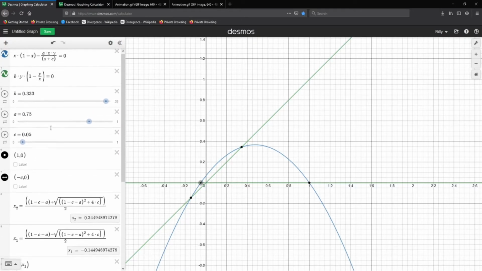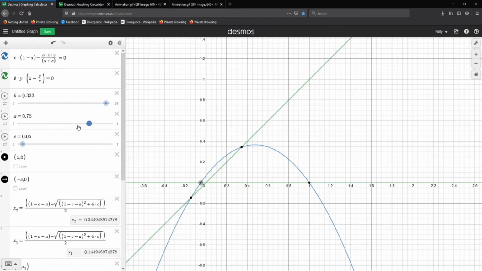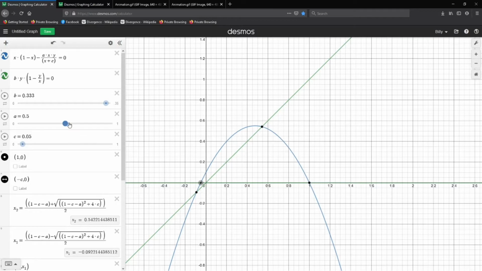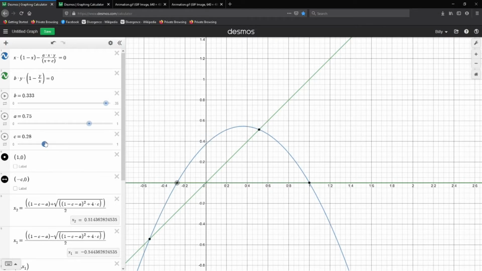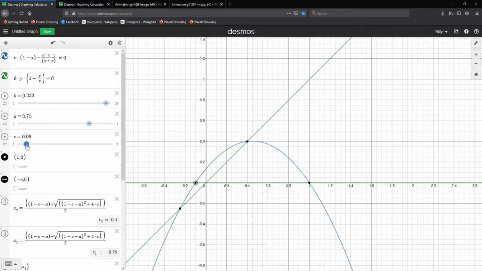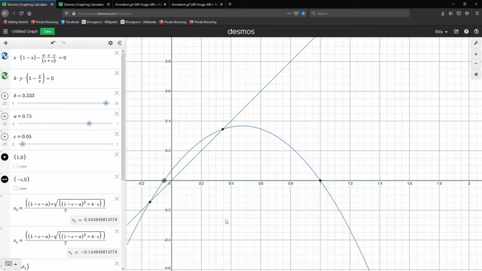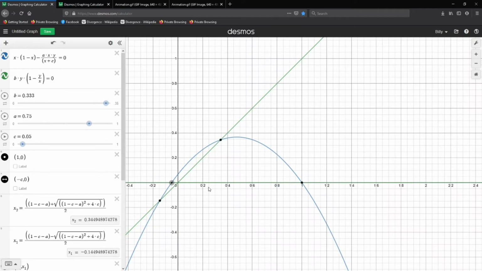And you can see that as we change any one of these values, the equilibrium points in general are going to change. But they change in a way that's predictable. We just solved for the exact values in terms of the parameters for the problem, so we know what each of these are going to be.